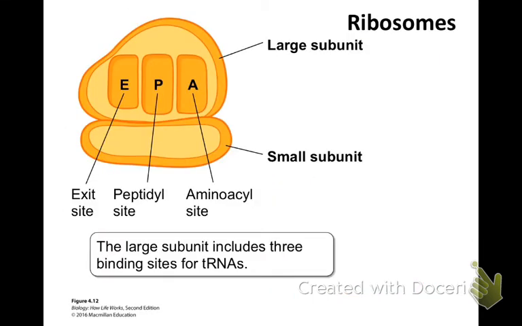So I have my ribosome. We're looking up close and personal. Again, in a prokaryotic cell, the ribosomes are just there amongst the rest of everything that is in the bacterial cell, because there are no membrane-bound organelles, there's no nucleus.